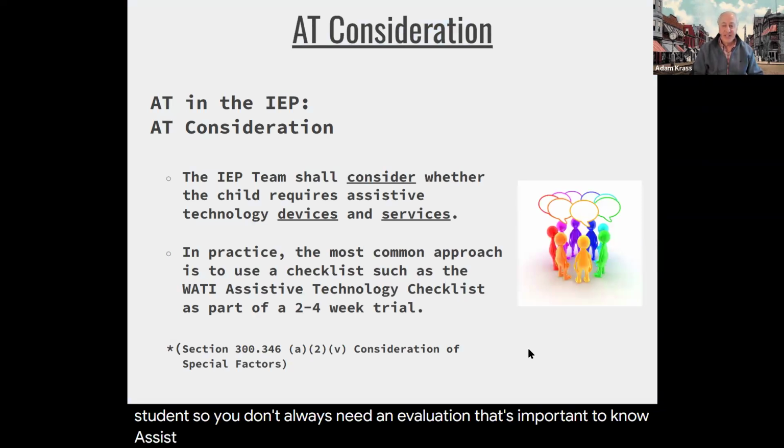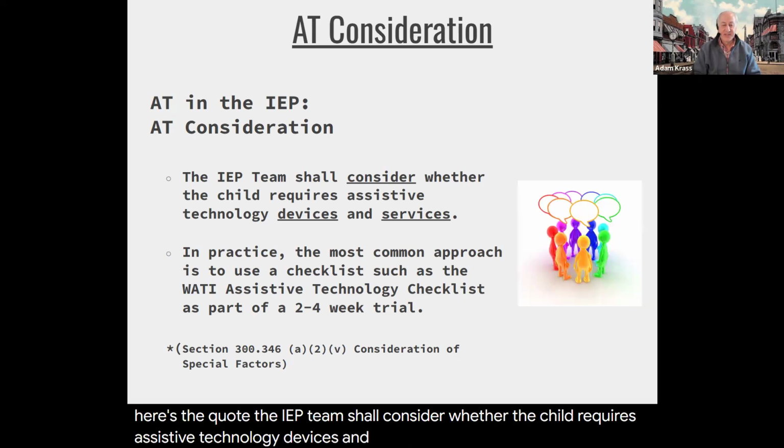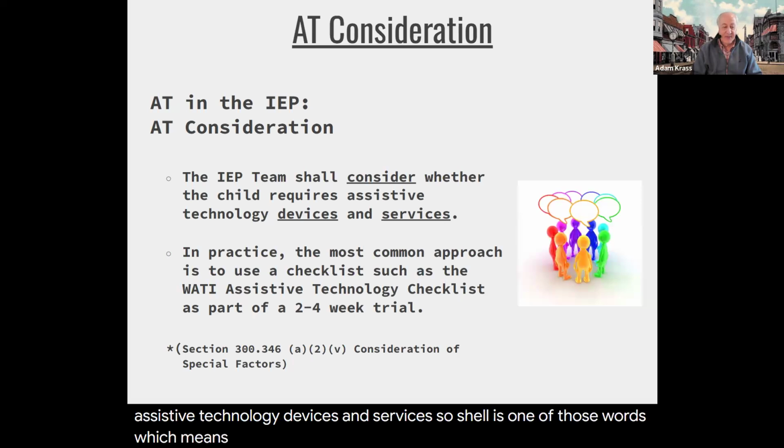And assistive technology consideration, again, is mentioned in IDEA. And here's the quote. The IEP team shall consider whether the child requires assistive technology devices and services. So shall is one of those words which means it always has to be done.